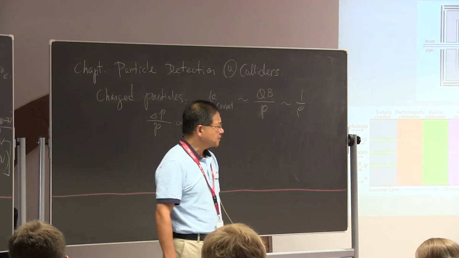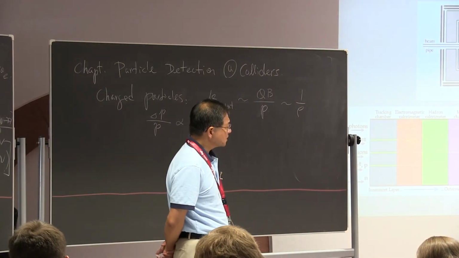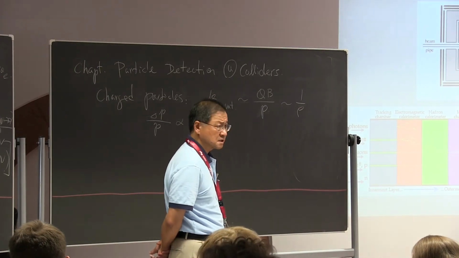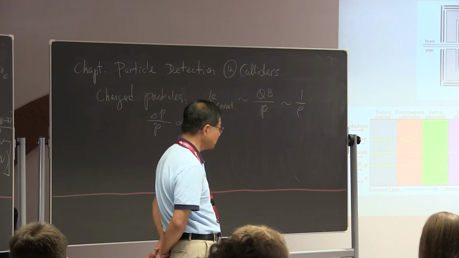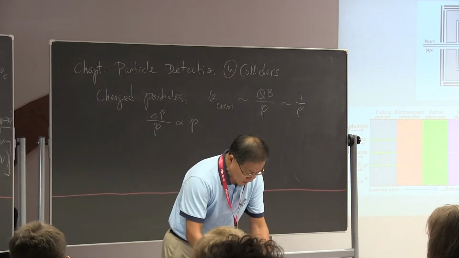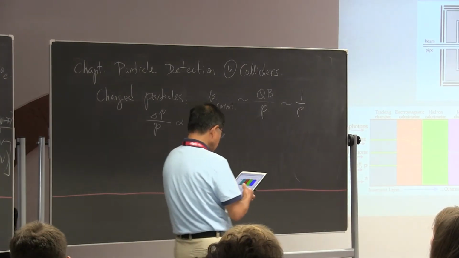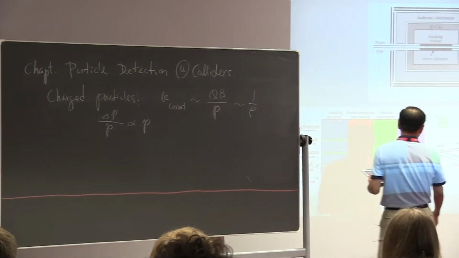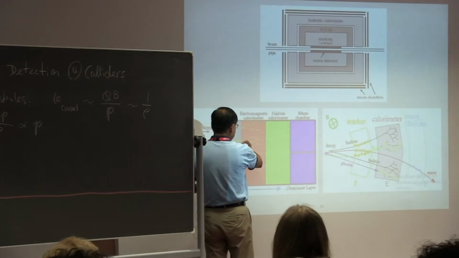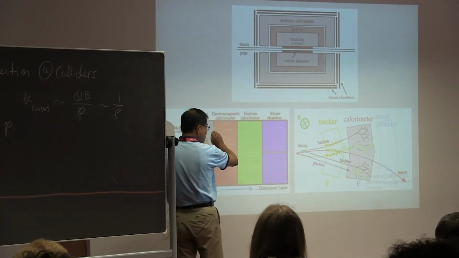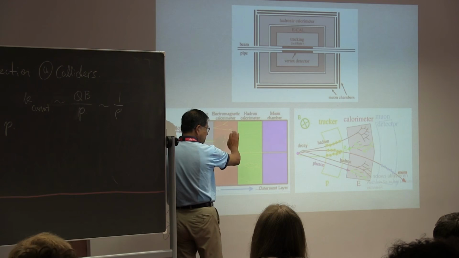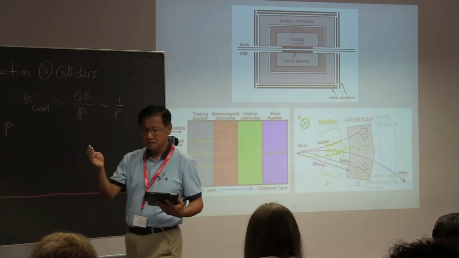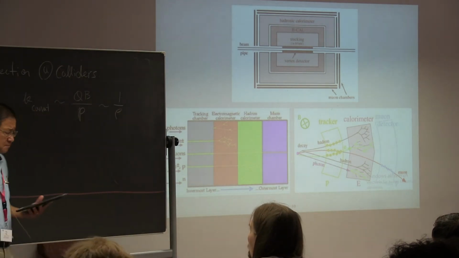But the electromagnetic and hadronic particles would not show very clear curvature. It is not the best way to measure those. For example, the photons. Photons would deposit energy in the electromagnetic calorimeter in this region. It interacts with the material. It's a showering with many more particles, like a shower, and then each piece will be absorbed by the system.